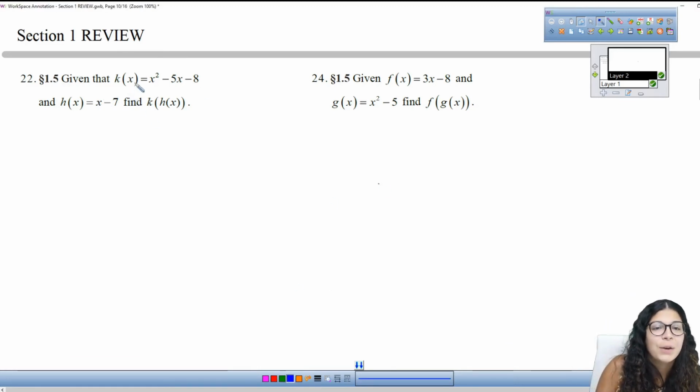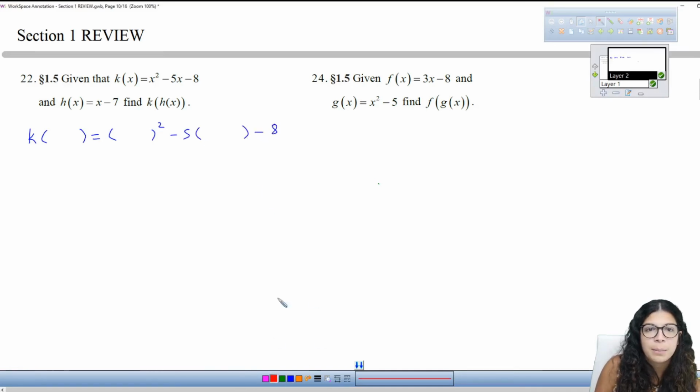Okay, so for 22, we are doing k of h of x. So k of input equals input squared minus 5 times the input minus 8. Now, what is the input? The input that we're plugging in is h. H is x minus 7.